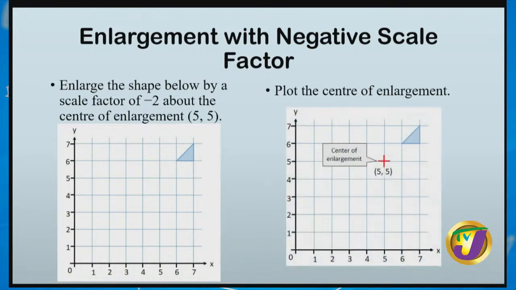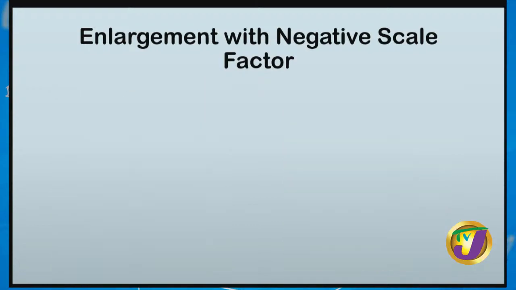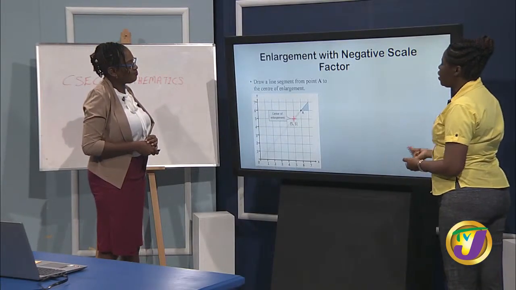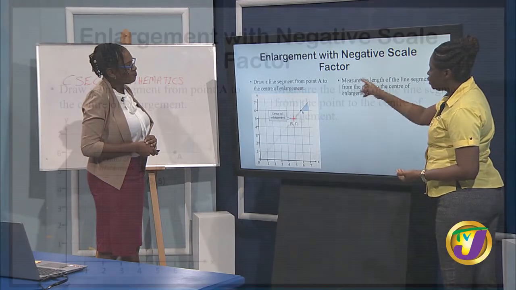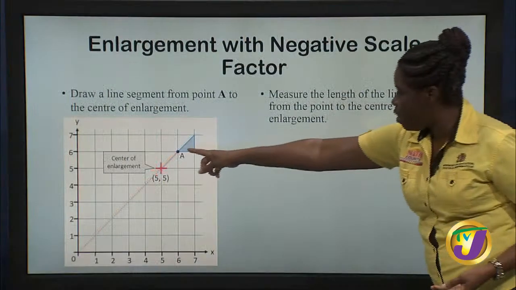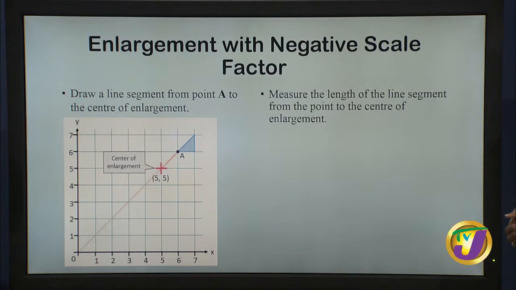Following that, we would choose a point from the object, and from that point, draw a line segment to the center. Then, as you can see here, from A to the center, 5, 5, we'd measure the length of that line segment.